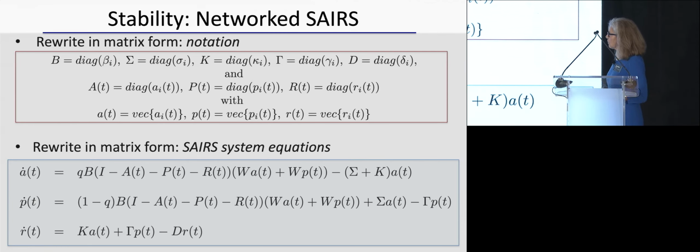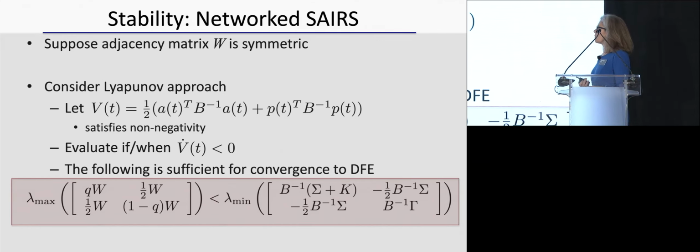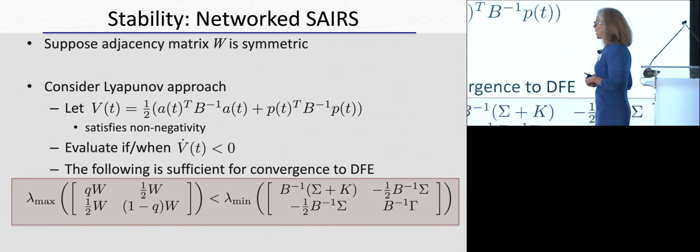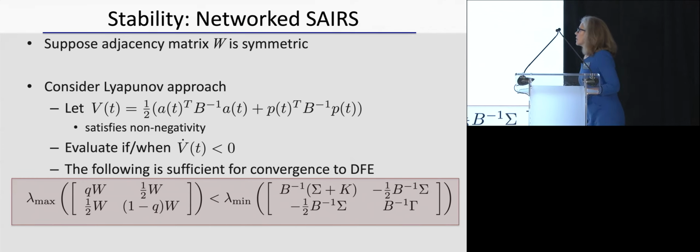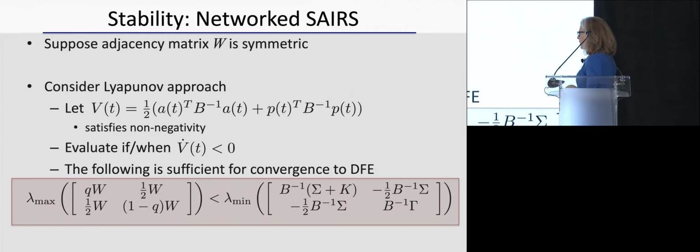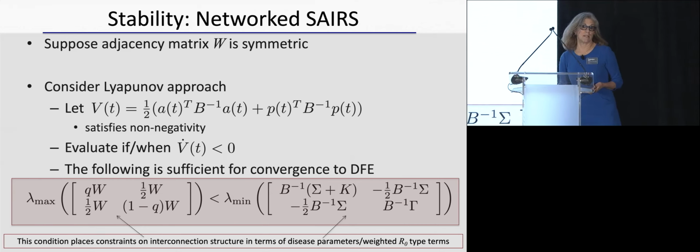And then going forward with stability analysis in order to understand, let's just say, convergence to the disease-free equilibrium, we considered a Lyapunov approach, a fairly standard quadratic Lyapunov function, and we can show that this condition is sufficient for convergence to the disease-free equilibrium. Basically we have a condition that's in terms of the interconnection structure and the parameters of the disease dynamics, okay?